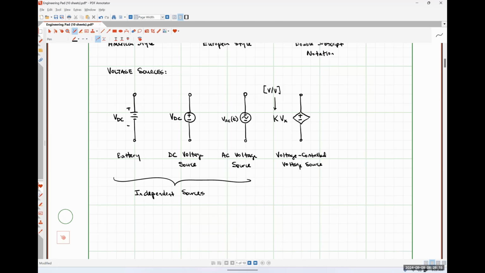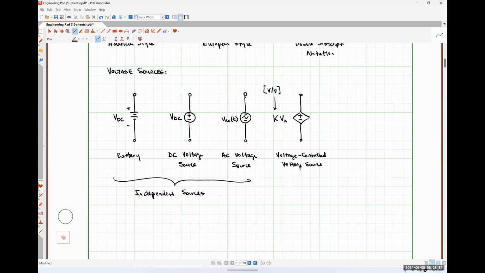If the voltage Vx is negative 4 volts and the scaling factor is 1/2, then this guy provides negative 2 volts. Okay, it is literally just multiply the scaling factor by whatever the voltage Vx is, and Bob's your uncle, you have the voltage provided by this thing.